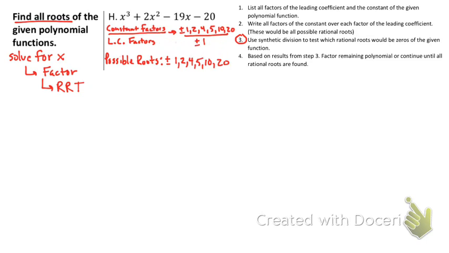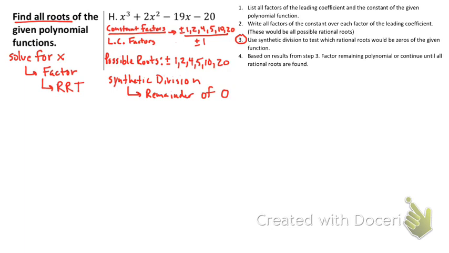So to use synthetic division, in order for it to be a solution, we have this idea. Synthetic division will give us a solution if and only if we have a remainder of 0. Once we get a remainder of 0, that's when we know we have a solution.